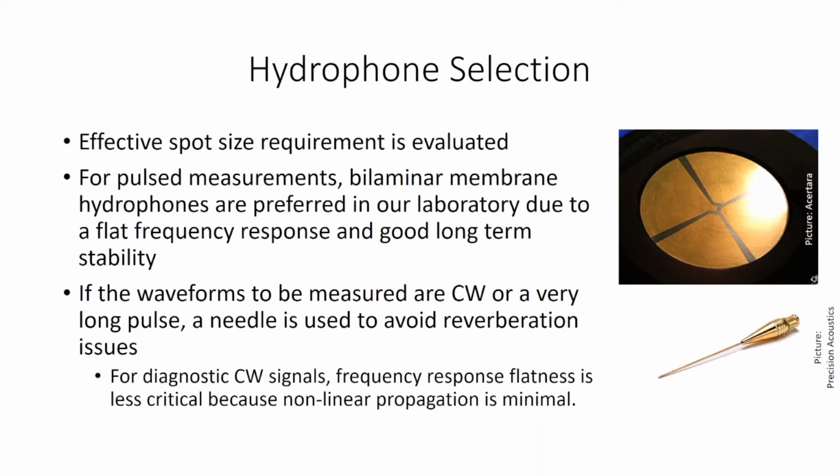The fact that needle hydrophones inherently have a frequency response which is less flat than the bilaminar membranes is not an issue when you're measuring CW devices, because of course the frequency response of the devices is very narrow, so you're still able to accurately convert the return signals to an appropriate pressure.